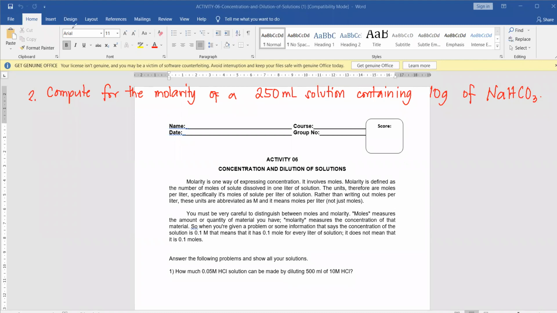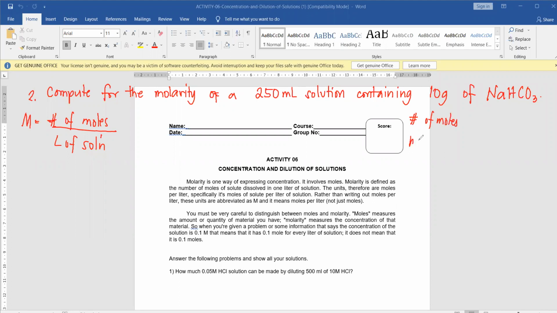Let's compute for the molarity of this solution. So let's start with our formula. Now, number of moles, as you can see, we don't have number of moles there. So let us compute for the number of moles.